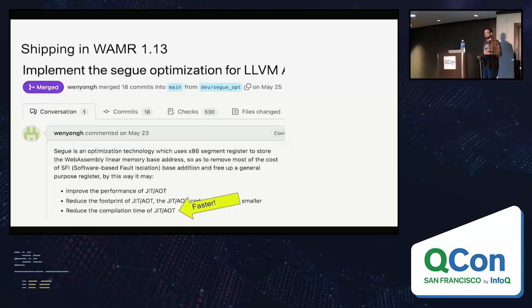And on specific workloads, we get even bigger jumps that I'll mention a little bit later. This actually landed in Wamr, which is Intel's Wasm runtime, or compiler and runtime, just recently, and I flagged that it reduces compilation time of JIT and AOT. I have no idea why it makes it faster, but it's one of these things where when people deploy it, it's like, oh, that was great. I didn't even know we were going to get that.